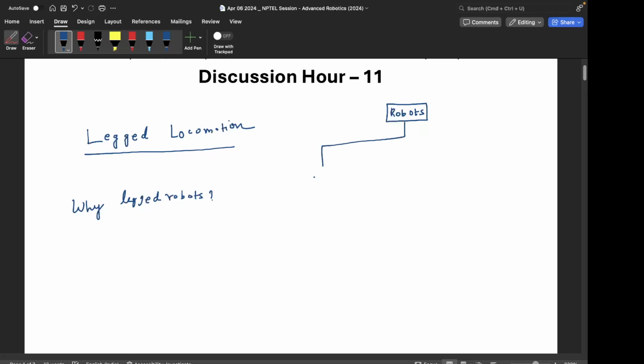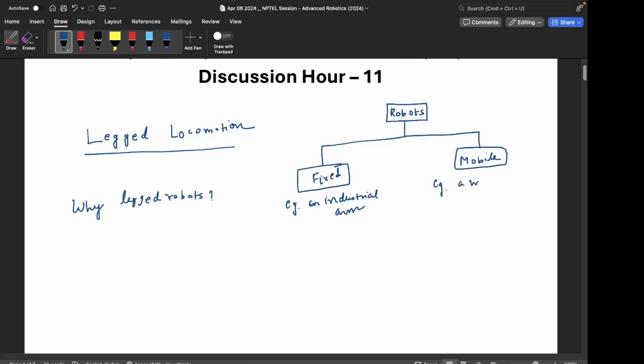So robots you can classify as fixed, the ones which do not move or are attached to a certain place, and the other category is mobile, which can change its location. So here the example is an industrial arm, and here the example is, let's say, a wheeled robot, right? This one example.